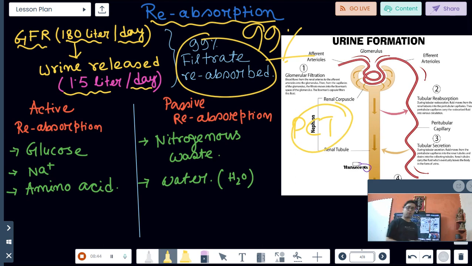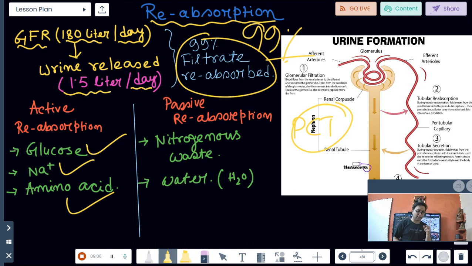In the PCT, two types of reabsorption processes take place. One is the active reabsorption process, another is the passive reabsorption process. In the active process, glucose, Na plus and amino acids are reabsorbed into the blood.